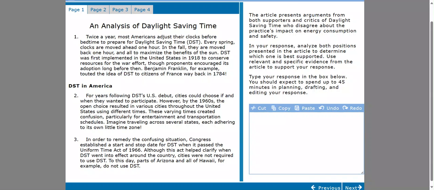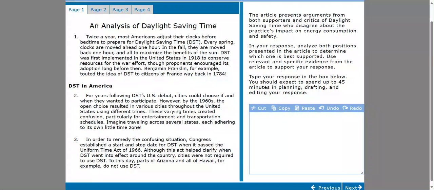In the fall, they are moved back 1 hour, and all to maximize the benefits of the sun. DST was first implemented in the United States in 1918 to conserve resources for the war effort, though proponents encouraged its adoption long before then. Benjamin Franklin, for example, touted the idea of DST to citizens of France way back in 1784.